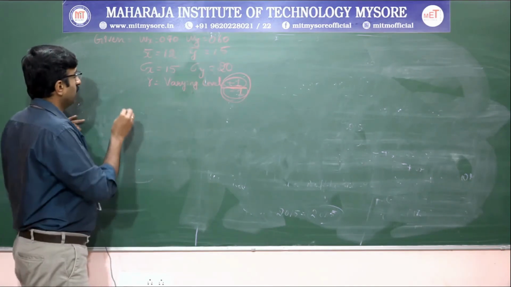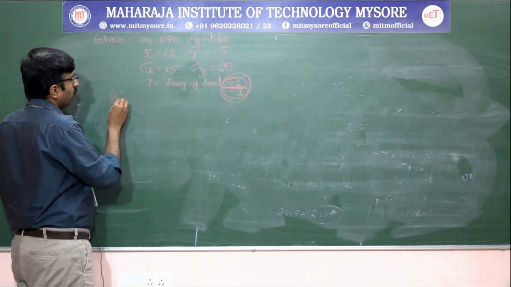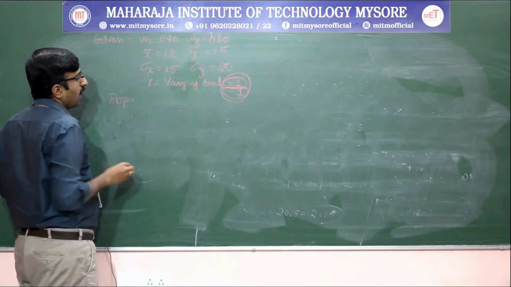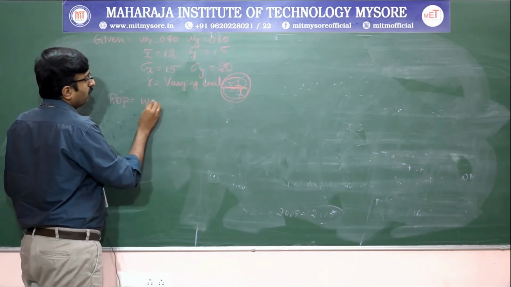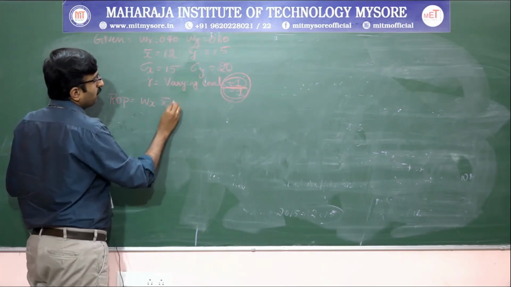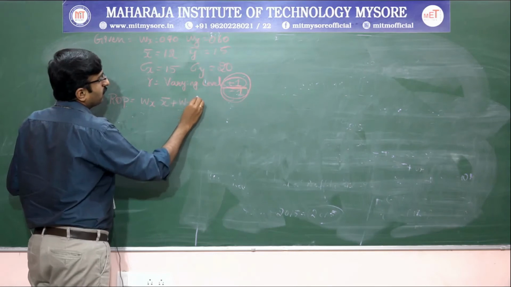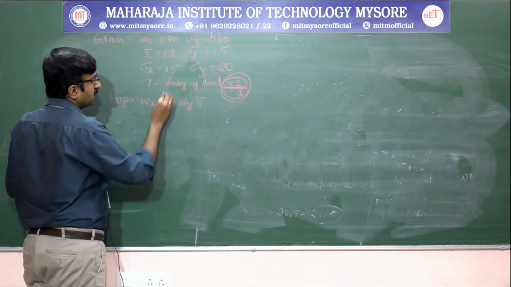So, first let us calculate RP, that is return on portfolio. Apply the formula: return on portfolio is equal to weight of x into x bar plus weight of y into y bar.